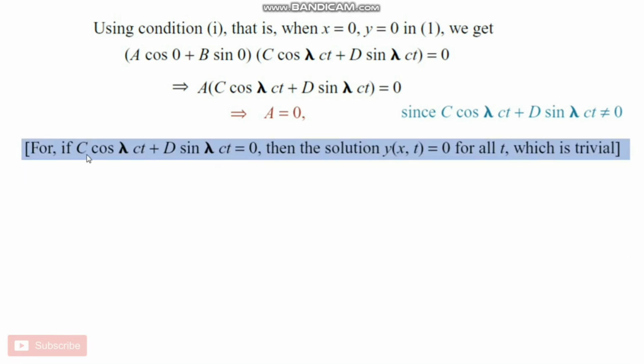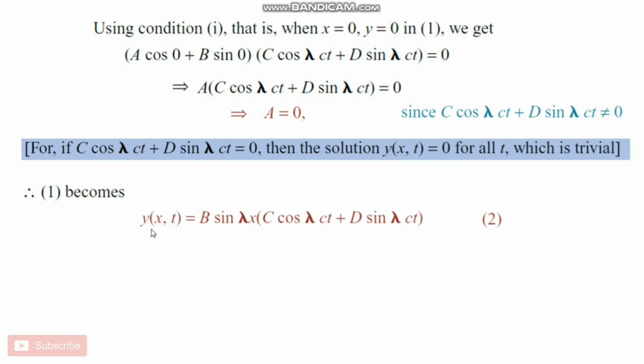If c cosine lambda ct plus d sin lambda ct were equal to 0, obviously we would get the trivial solution. It is absurd. We need a non-trivial solution, that is the displacement of a slightly stretched string. Therefore equation number 1 becomes y(x,t), where a is already 0, so one unknown is eliminated from this zero condition: b sin lambda x (c cosine lambda ct plus d sin lambda ct) is the resultant displacement.